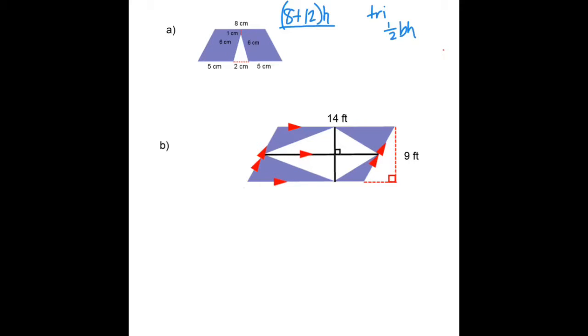All over 2. So let's calculate the height. So I need to know this measure right here. Well, I can look at the triangle and I know that this is 2.